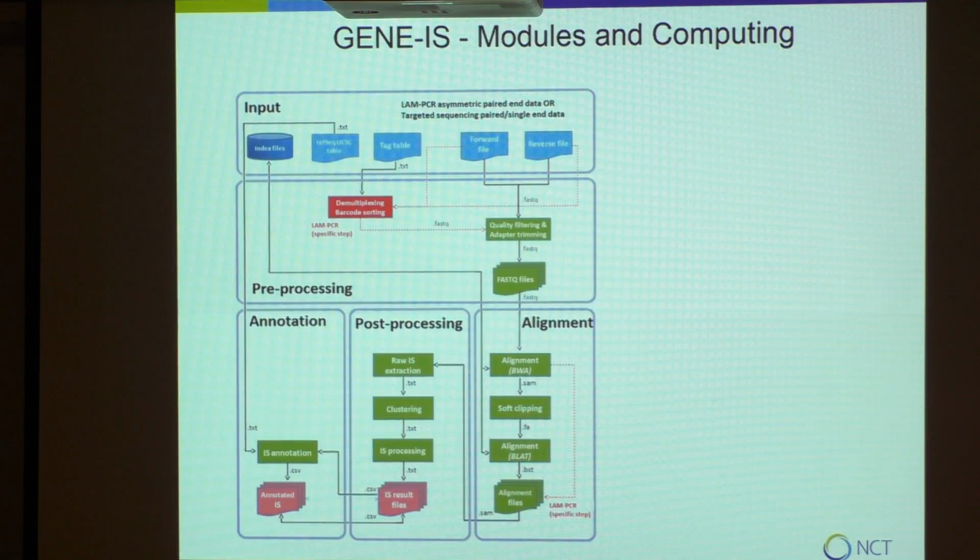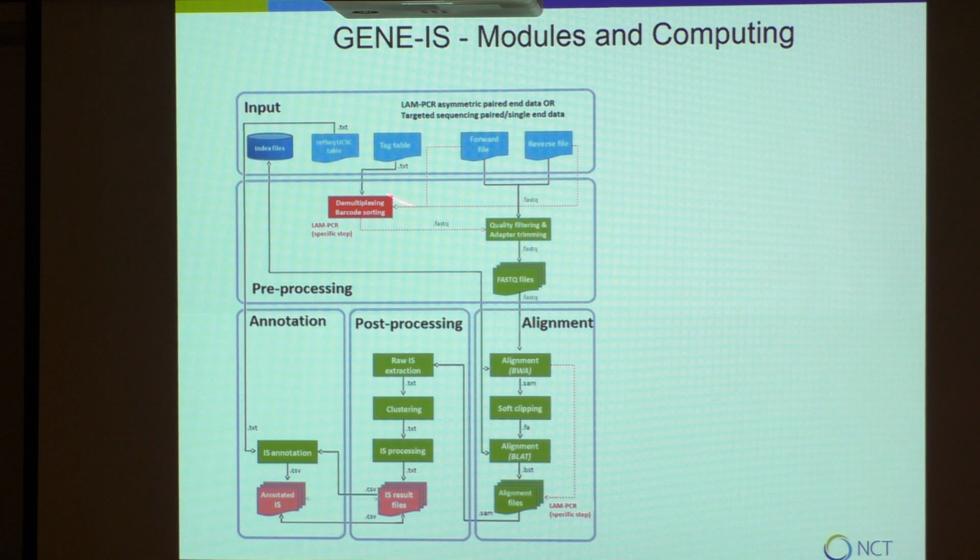So for this reason we have implemented a new pipeline also based on the BWA aligner, also known from the omics people, which allows us to analyze LAM-PCR sequences, but also, like for the target enrichment, paired-end sequence reads.